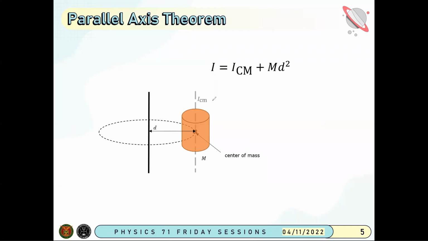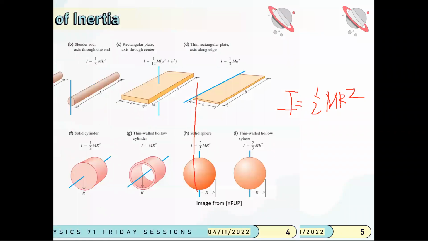So if ito yung axis of rotation, then wala tayong problema. 1/2 mr squared lang siya. Right? 1/2 mr squared. Okay.